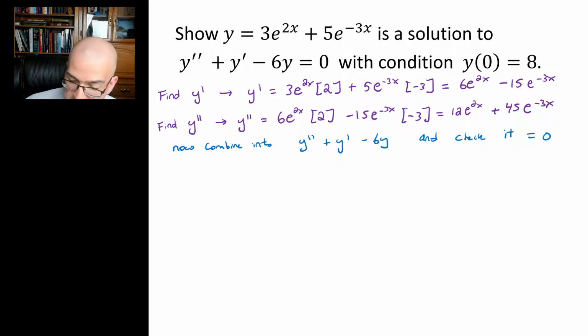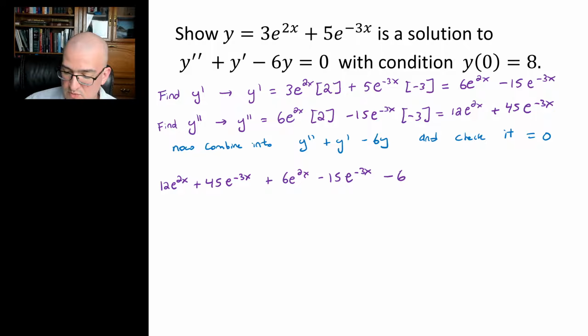It's y double prime first. So 12e to the 2x plus 45e to the negative 3x. So that's the y double prime part. And then plus y single prime, 6e to the 2x minus 15e to the negative 3x. And then minus 6 times y, so minus 6 times 3e to the 2x plus 5e to the negative 3x. I'm going to check, is this equal to 0?